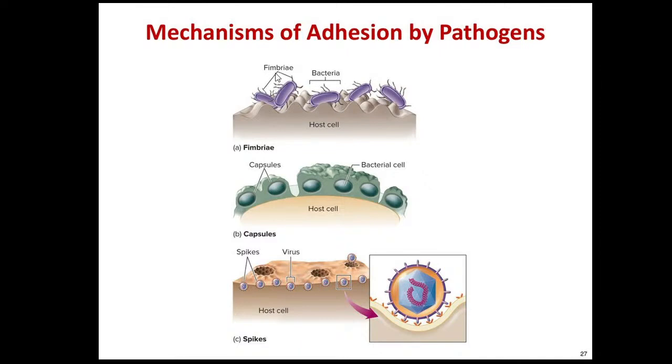You can see here that the capsule is a very sticky substance, usually made up of polysaccharides or mucopolysaccharides. With this, it may attach very tightly, adhere to the surfaces of the body.